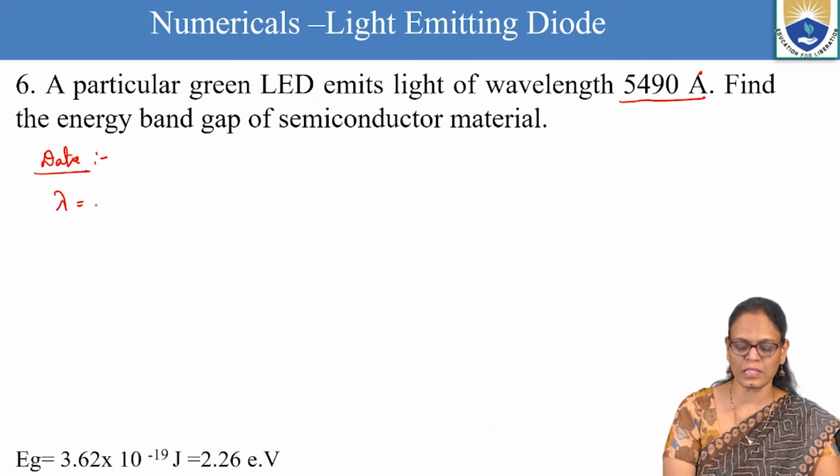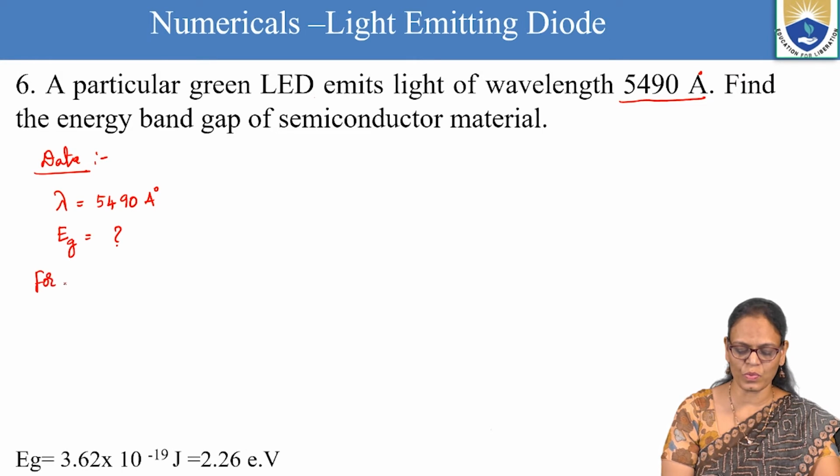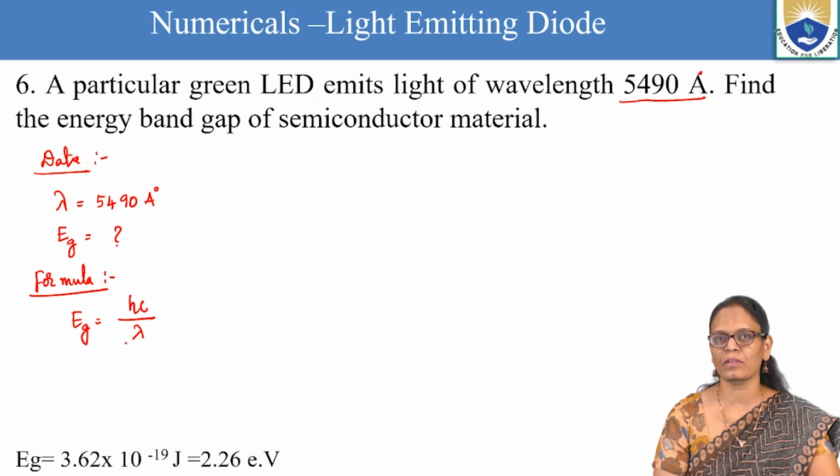Wavelength lambda is 5490 angstroms. You have to find Eg, the energy gap. The formula we are going to use here is Eg is equal to hc by lambda. h and c are constants.